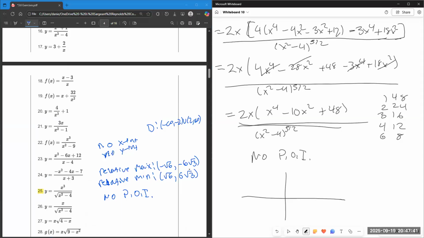So vertical asymptotes, x is equal to plus or minus 2. Again, degree of the top is bigger than the degree at the bottom. I should have a quadratic type oblique asymptote.